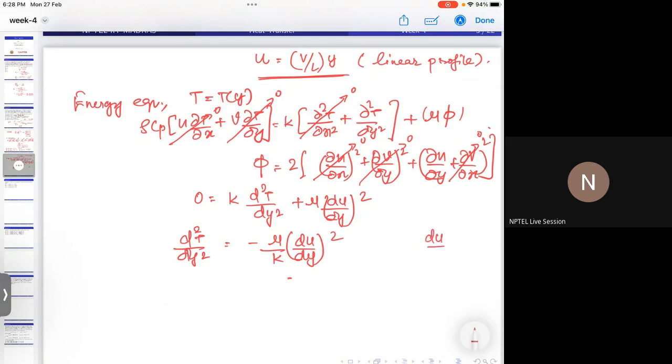So du by dy is equal to V by L, which becomes minus mu by k V square by L square.